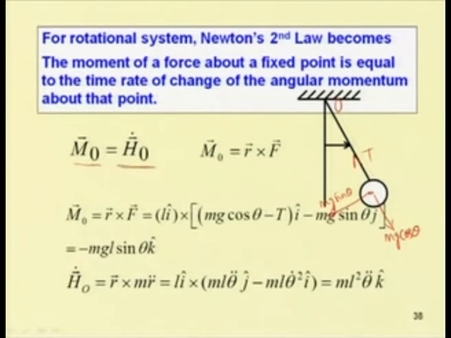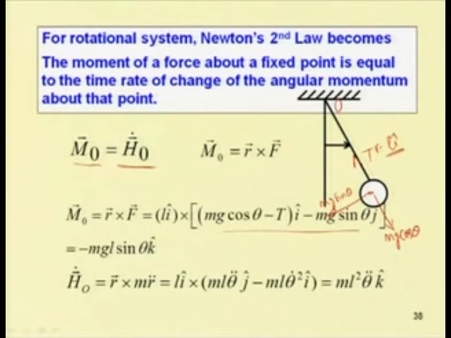So, M0 equals r cross F. We already know F, and r in vector form is L i. So, M0 equals r cross F, which becomes L i cross mg cos theta minus T i, and then minus mg sin theta j.